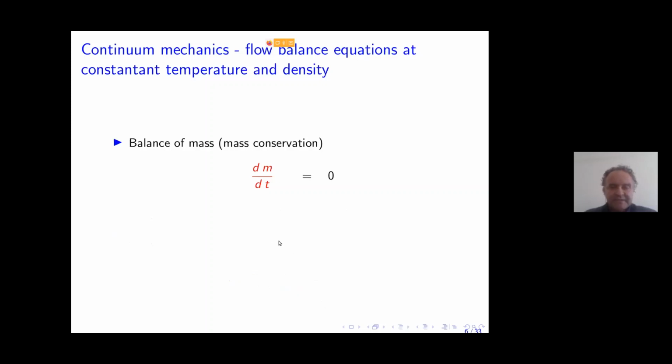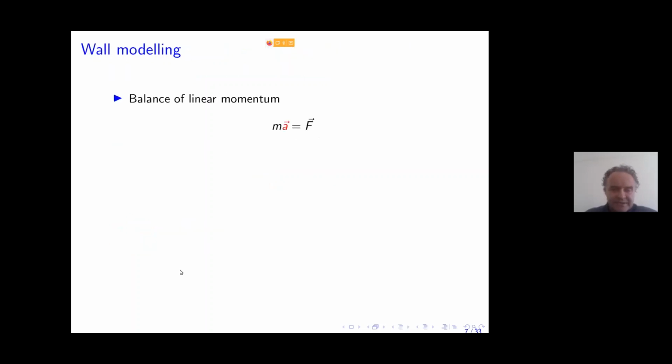We do need to consider the mass conservation, which typically will be written in a compact form like this, but locally, for our case, it will have this form. Because we have a density that is constant, we'll end up having this equation, as Pascual already mentioned in the previous talk. So we have here essentially two equations.